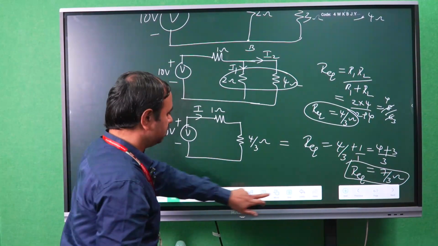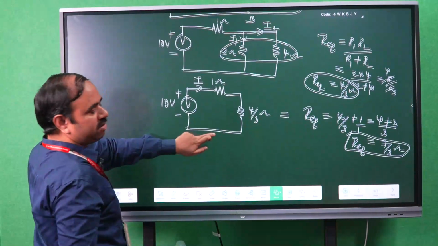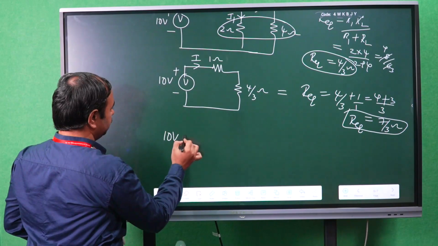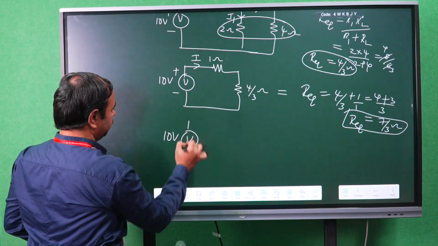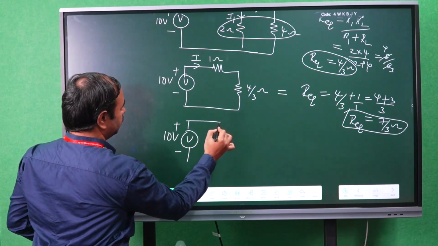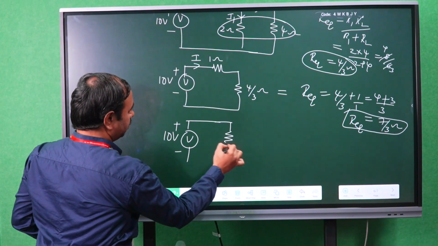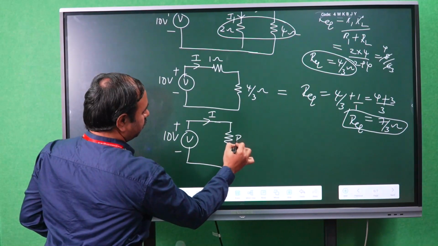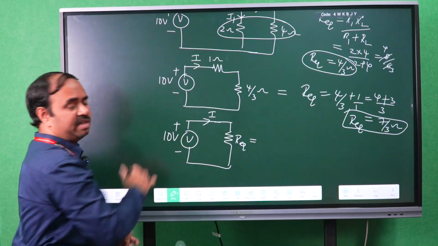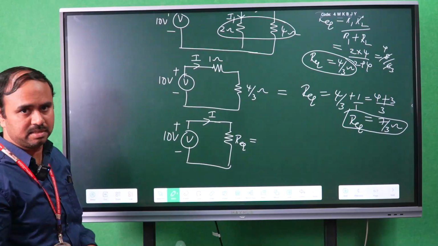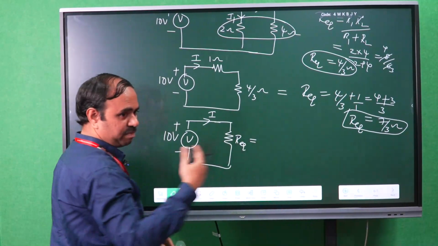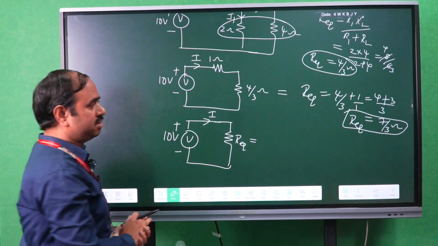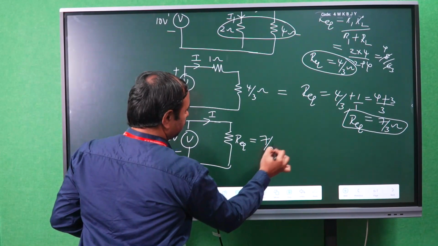So replace these two resistances with the equivalent resistance. At last, by solving all the series and parallel combination resistances, we got the equivalent resistance as 7 by 3 ohms.